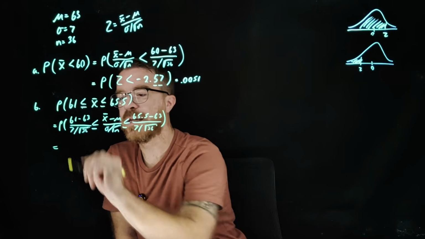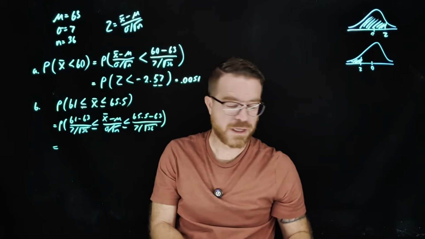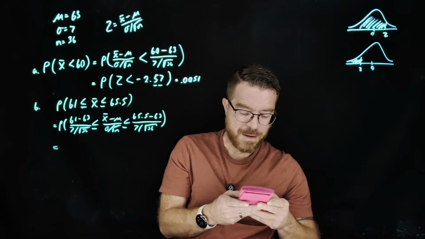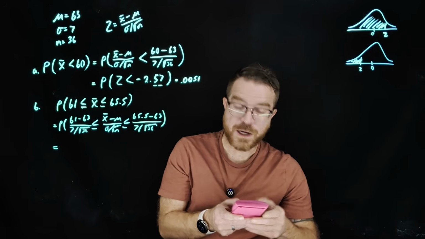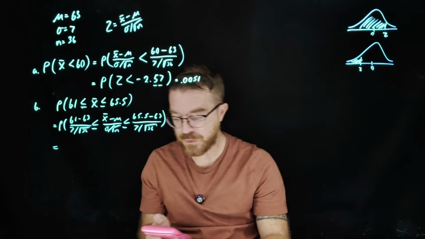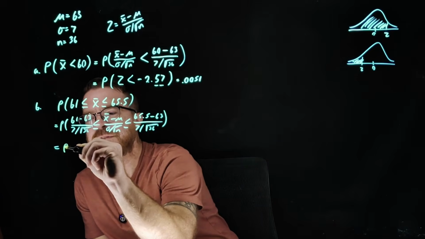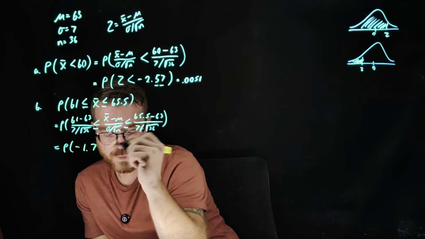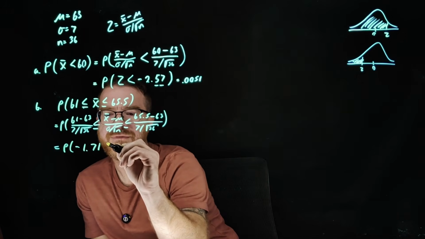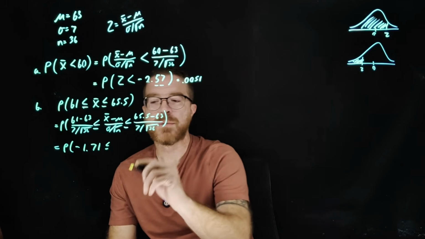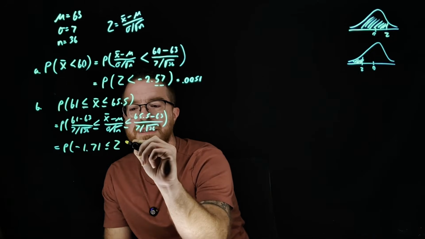Okay, so now we plug each of these into our calculator and we get our values. Again, for this one, I'm going to do parentheses 61 minus 63 divided by open parentheses 7 divided by 6, close parentheses, hit equals. And I get that my first value is going to be negative 1.714, so negative 1.71, less than or equal to x bar minus mu over sigma divided by square root of n, which is now going to be equal to z.